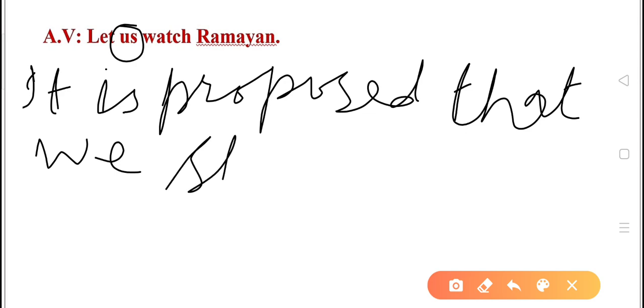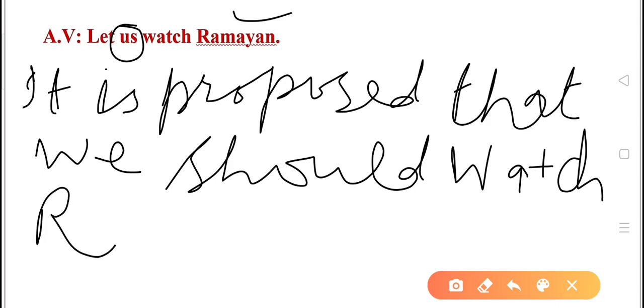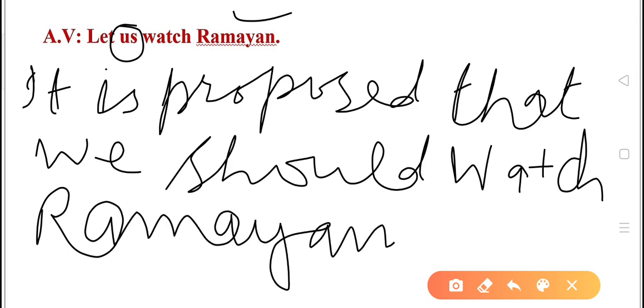We need to be followed by should, and then first form of the verb. So over here the verb is watch, and watch what? We have object also. So here we will write Ramayana, and we put full stop over here.